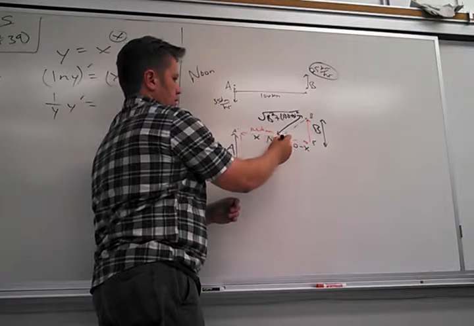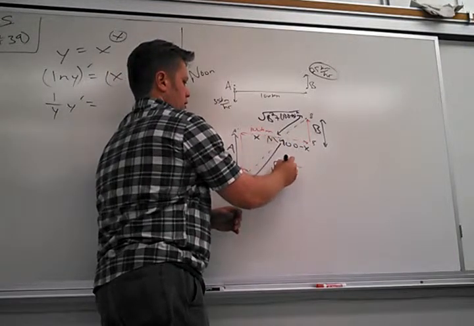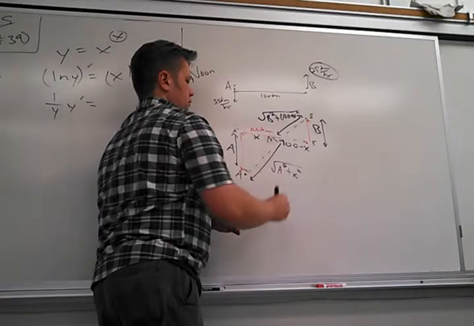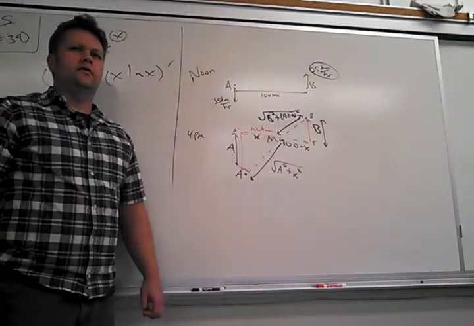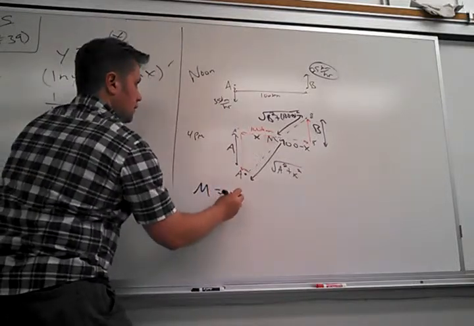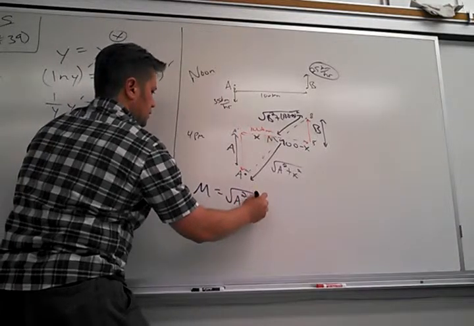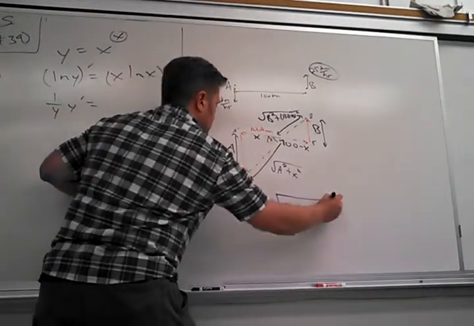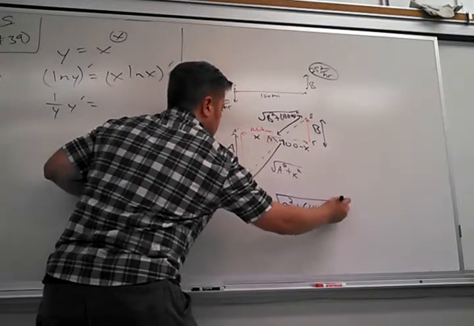And this one here would be the square root of a squared plus x squared. So then my function, now there might be something better I could do with this, but the function I have so far looks like the square root of a squared plus x squared plus the square root of b squared plus 100 minus x squared.